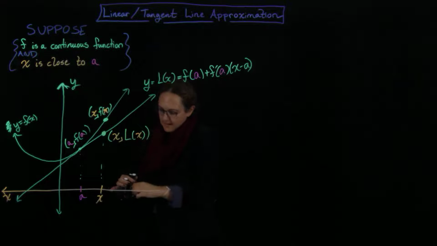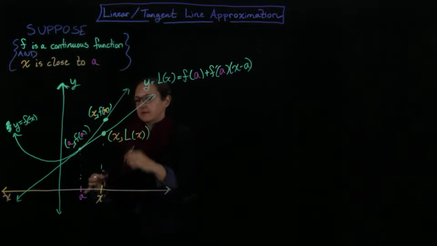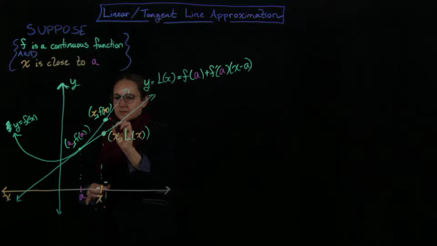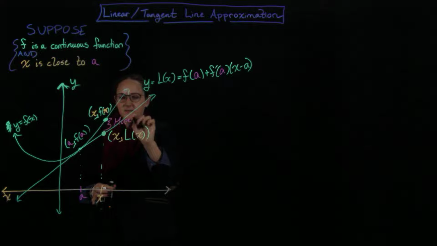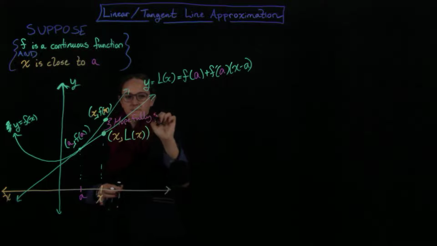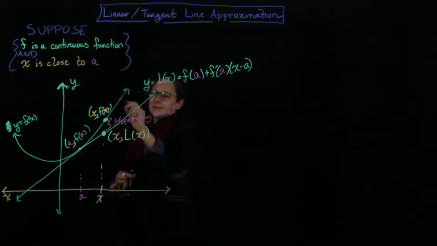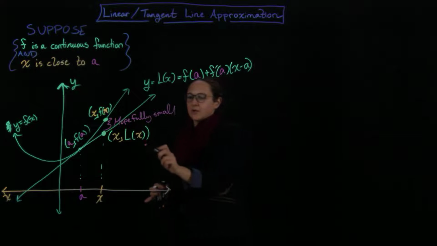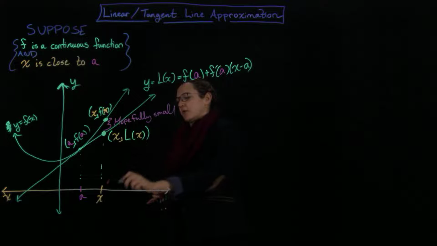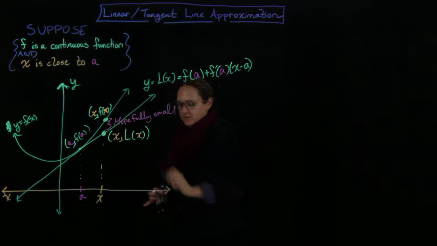The hope is that this distance is small. Because if that distance is small, that would mean this f of x and this L of x are really close. So this gives me a good approximation for what the output of f would actually be at x.